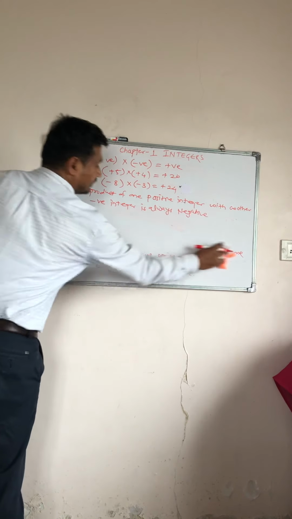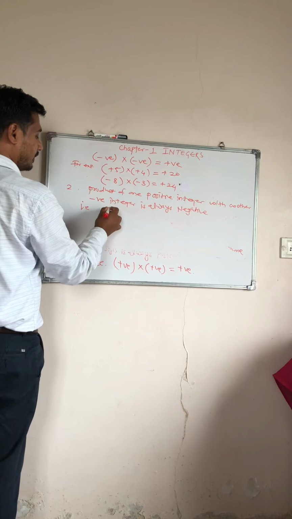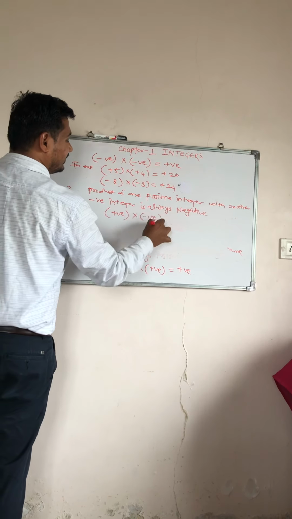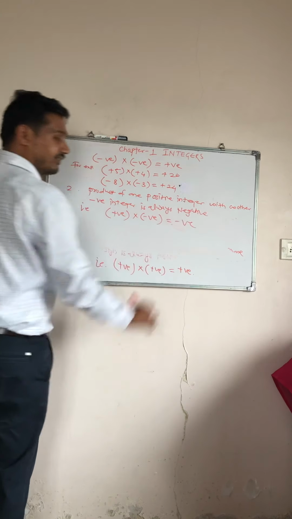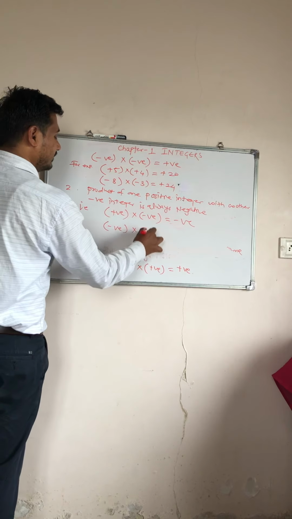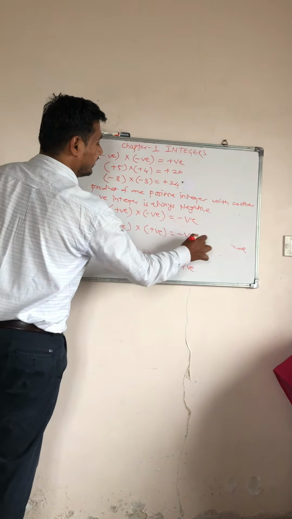That is, a positive integer multiplied by a negative integer gives a negative integer. A negative integer multiplied by a positive integer is a negative integer.